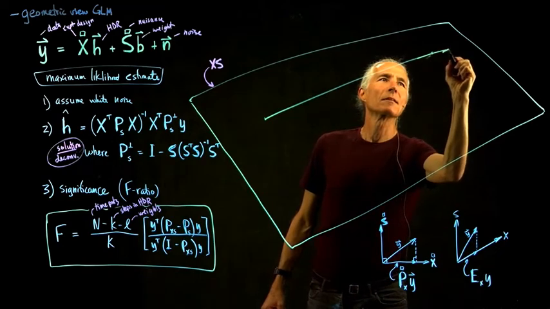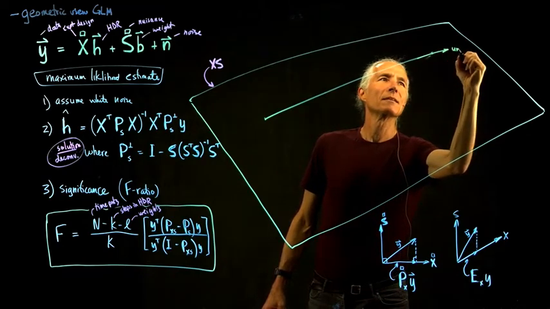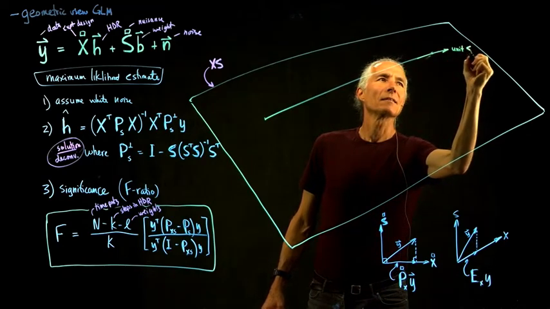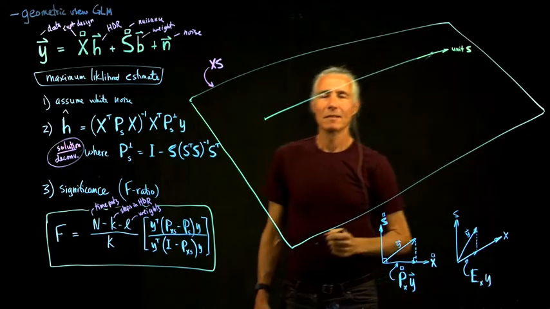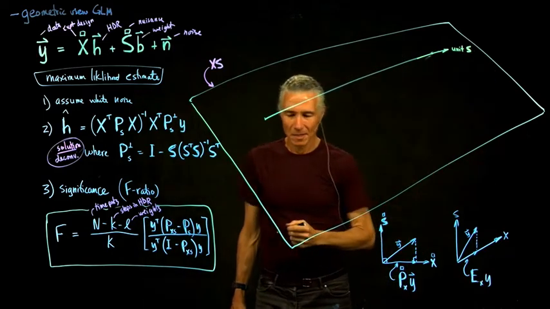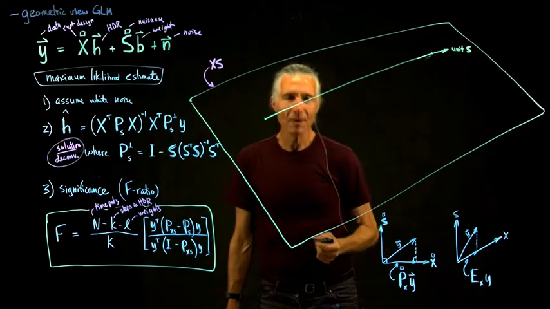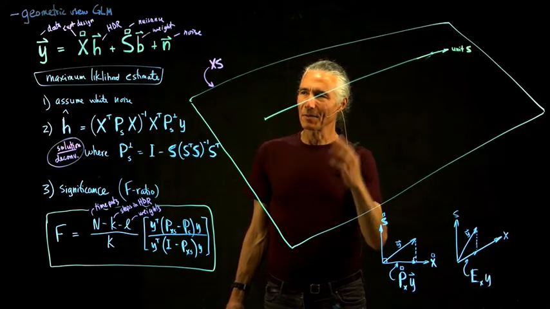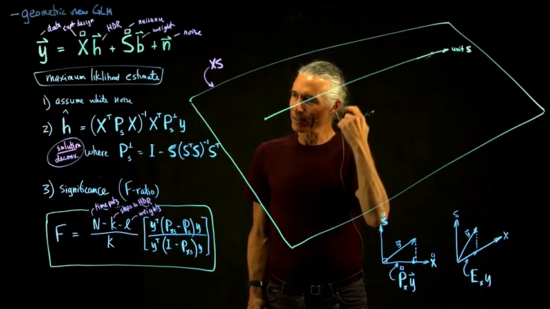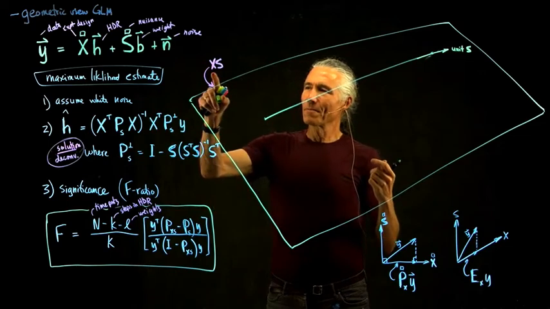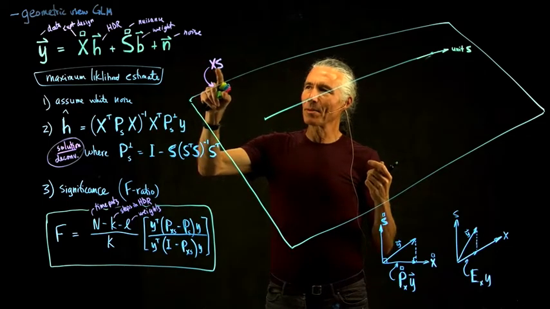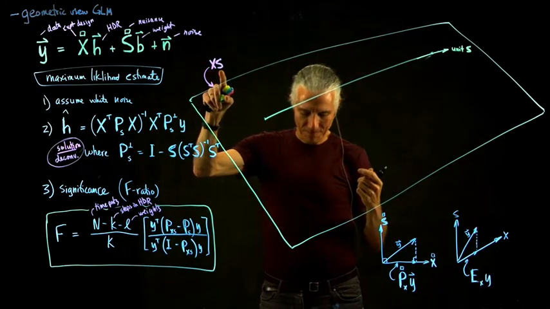This is our unit S. We only have one dimension. So if we set the length to 1, what direction does it go in our experimental design plus nuisance space?